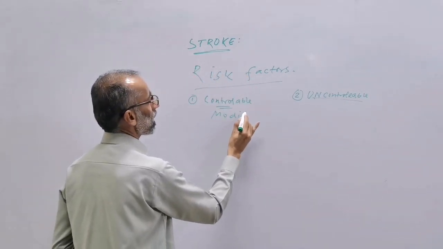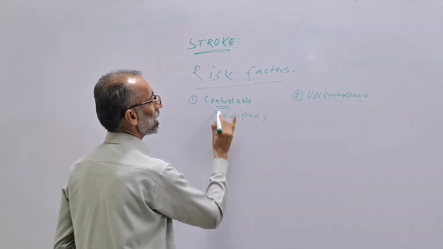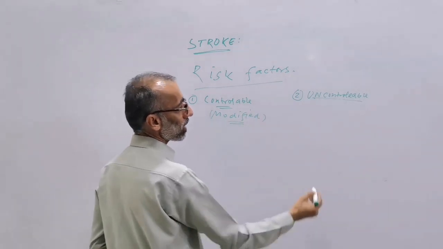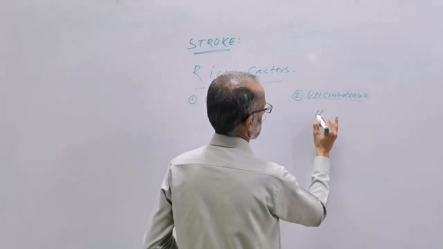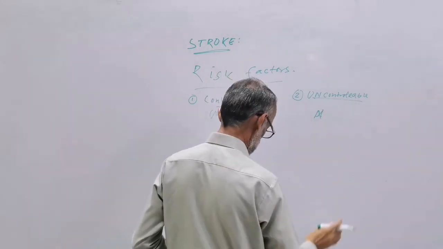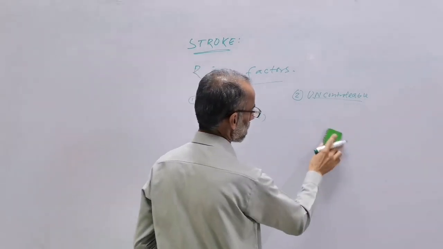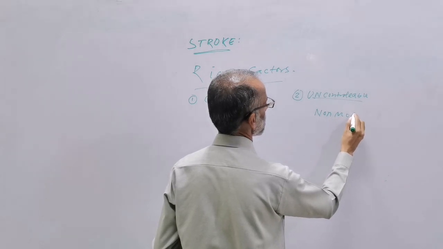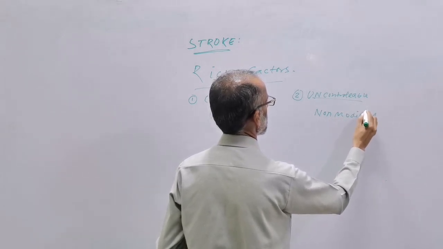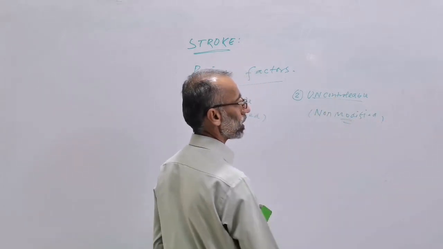Controllable are modified risk factors. Uncontrollable are non-modified, we can't modify them. These are non-modified risk factors, uncontrollable.